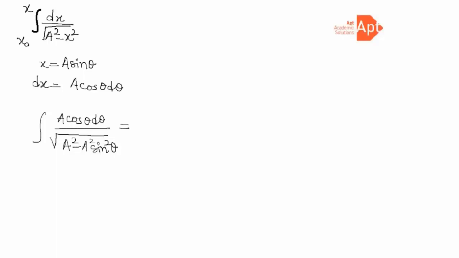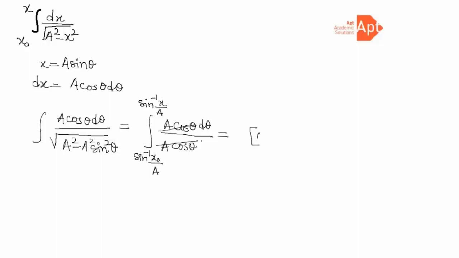This is equal to a cos theta d theta upon a cos theta. This will be integrated with the limits from sine inverse of x naught by a to sine inverse of x by a. So these two values cancel out. We get the integral of d theta as theta.